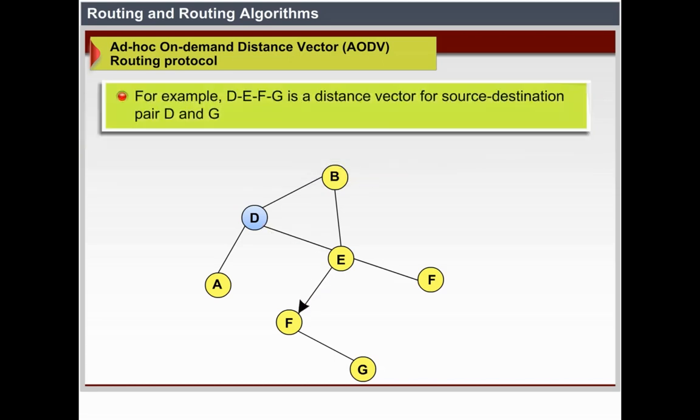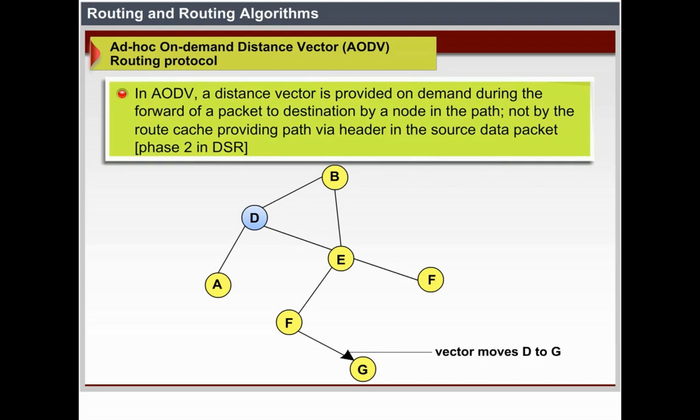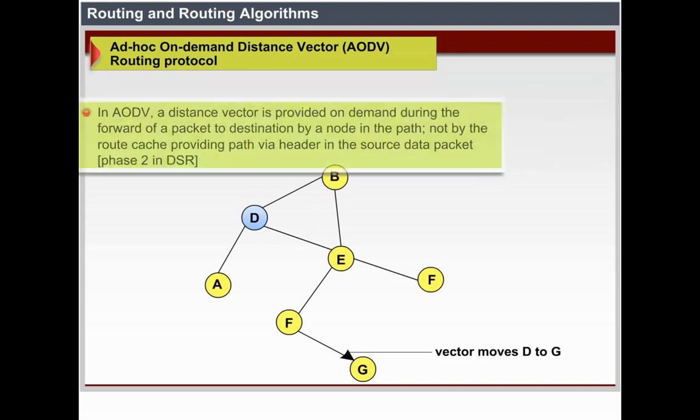For example, DEFG is a distance vector for source-destination pair D and G. In AODV, a distance vector is provided on demand during forwarding of a packet to destination by a node in the path, and not by the route cache providing path through the header in the source data packet, phase 2 in DSR.